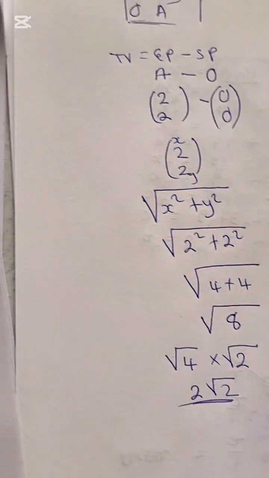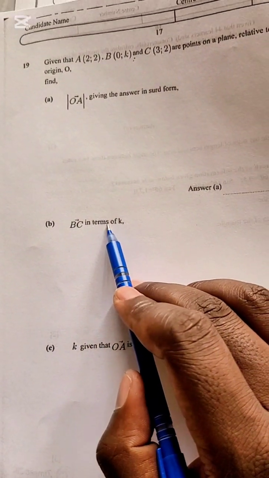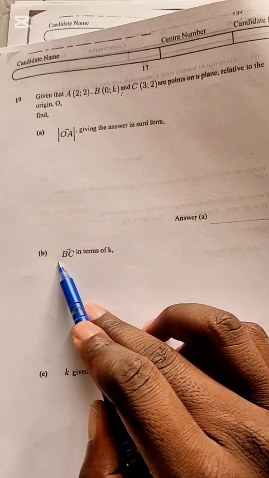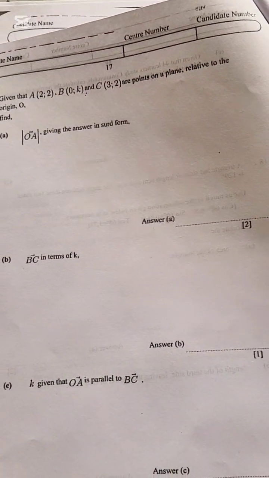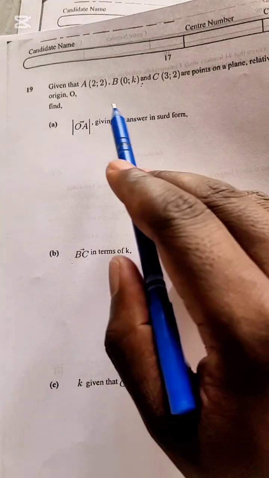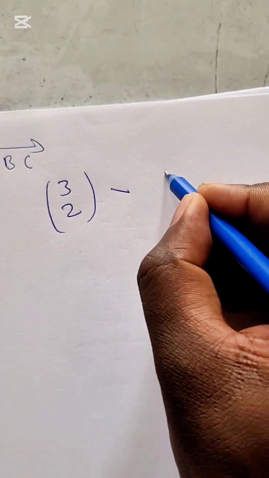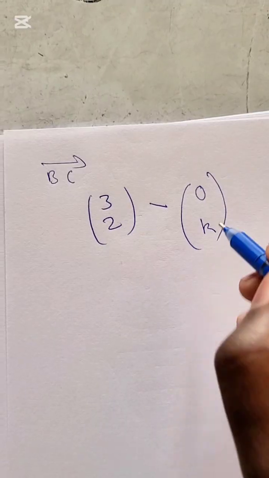Right, so let's find BC in terms of k. BC is the same as C minus B. So C is (3, 2) minus B. B is (0, k).